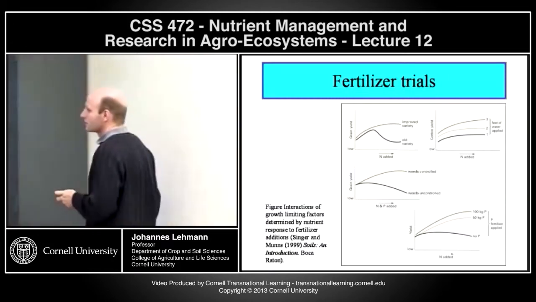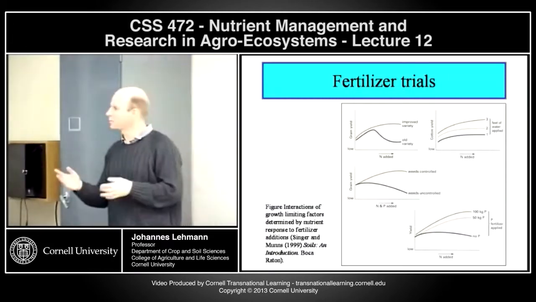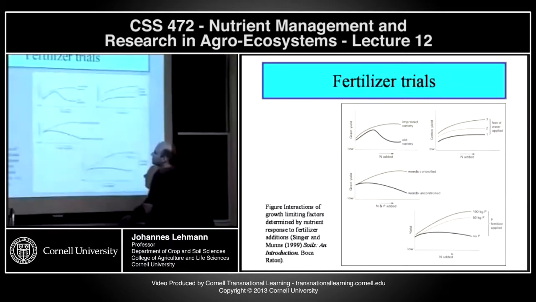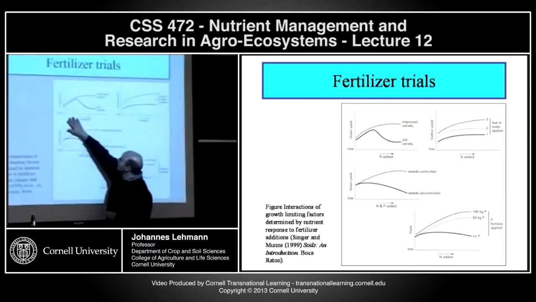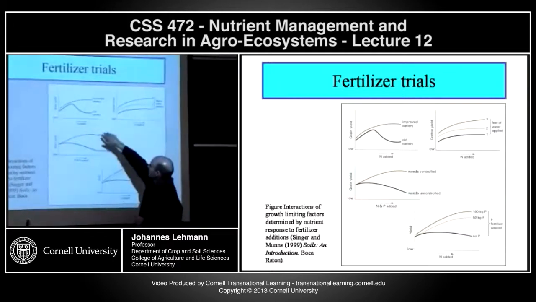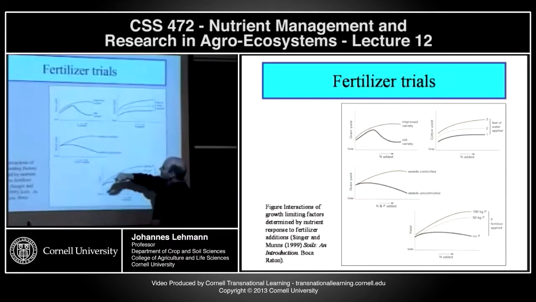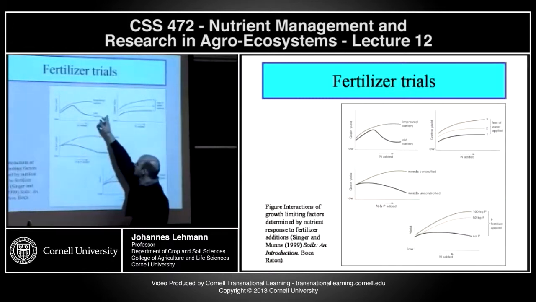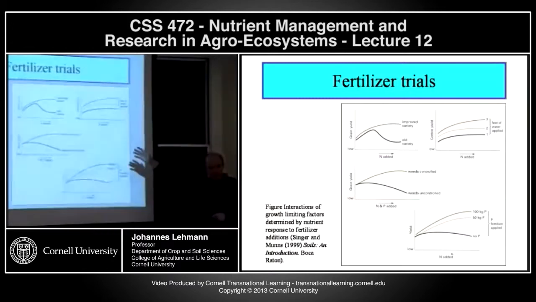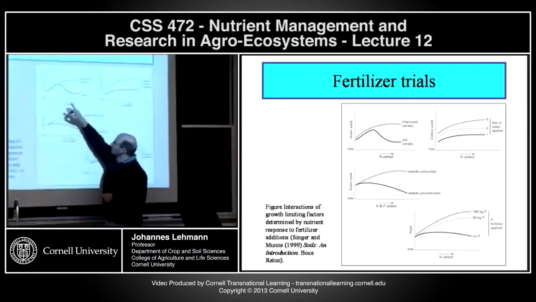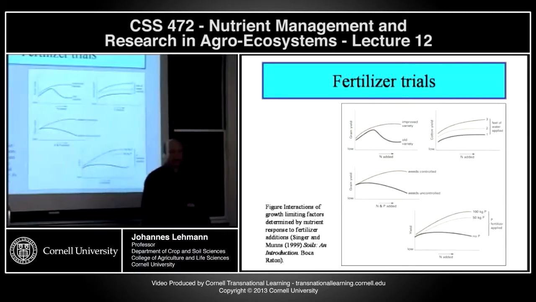And sometimes there's an interactive effect between additions of nutrients and these other factors. Here, for instance, with the variety, if we increase our nitrogen additions, the grain yield in the improved variety might nicely increase over the whole range of nitrogen added. But the old variety might actually not benefit at high application rates.